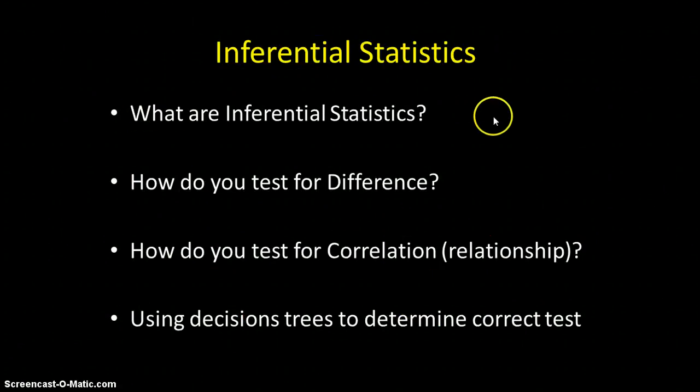Just to recap, we've gone through what inferential statistics are. They're much more meatier, informative results compared to descriptive statistics. How you would go through determining which test to use for a test for difference, how you would determine a test for correlation, and we've had a look at the decision trees you would use in doing that.